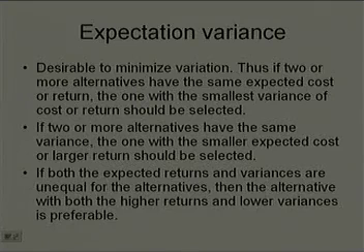Now we will go to the last one, which is slightly complicated. You will find that it says that if both the expected returns and variances are unequal for the alternatives, then the alternative with both the higher returns and lower variance is preferable.